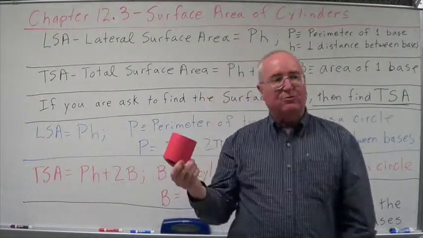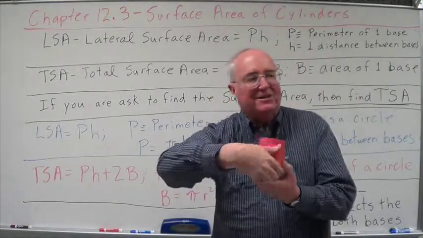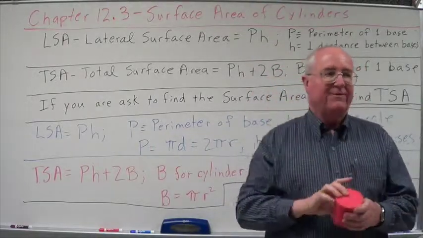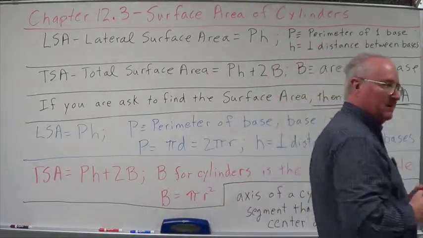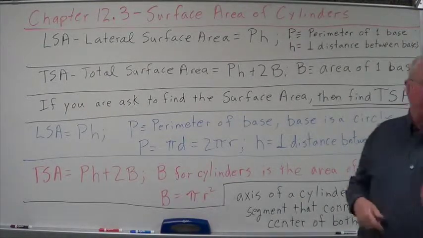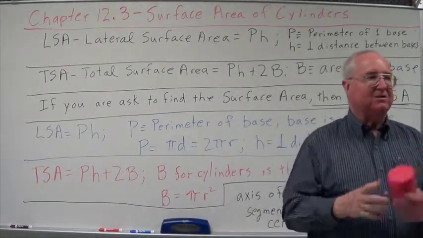Now it has a lateral surface area. That lateral surface area happens to be, if I were to take this off and peel it off, it would be a rectangle. Have you ever taken the label off of a can? When it's on the can, it makes a circle, doesn't it? Makes a hoop. When you take it off the can and lay it out, you cut it, it makes a rectangle.